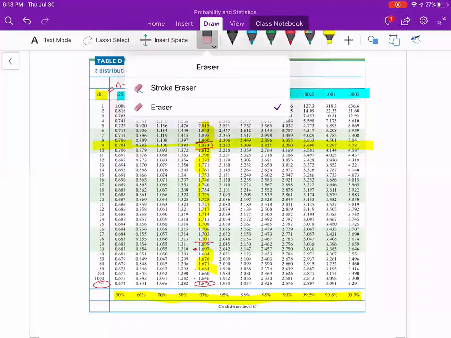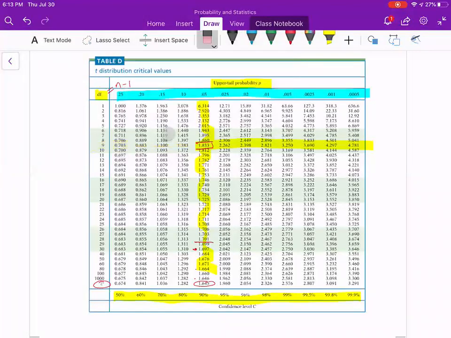Okay, so let's take a look here. And I know that we are looking in the 0.005 column because we are doing a 99% confidence interval. So there's 0.01 not inside, or half of that, 0.005, on each tail.